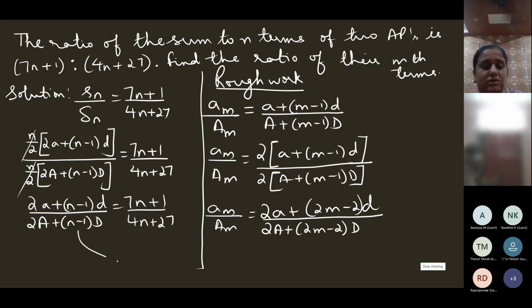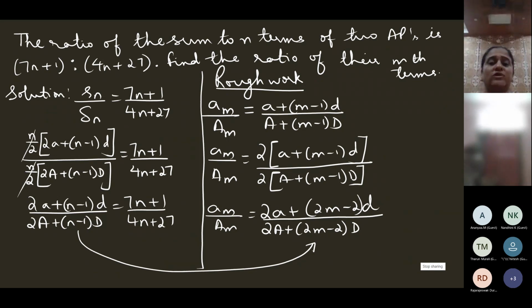Yes, ma'am. Now when you compare this and this, see you have 2a, 2a, 2a, 2a. What is the coefficient of D here? n minus 1. What is the coefficient of D here? 2m minus 2. In the denominator also, what's the coefficient of D? n minus 1. Here 2m minus 2.